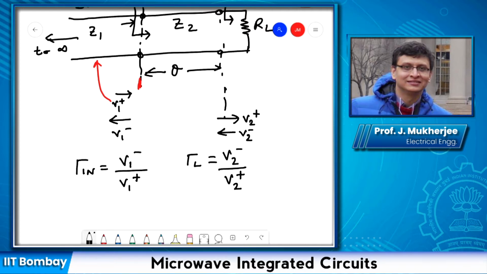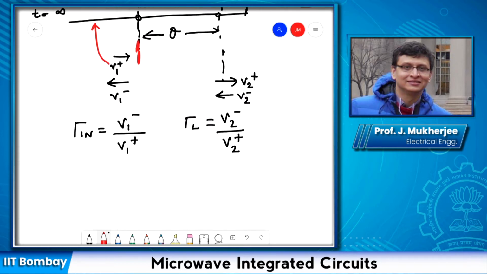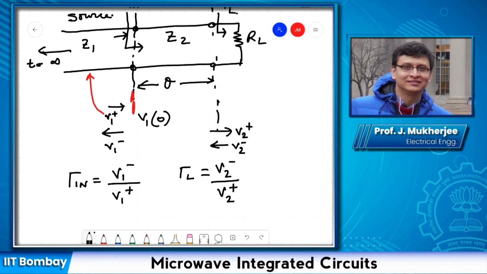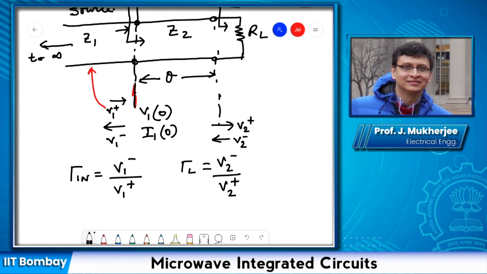Now, if I want to find out the voltage at this point here, say I call that V10, so V10 is the voltage at this end here, and say I10 is the current here.